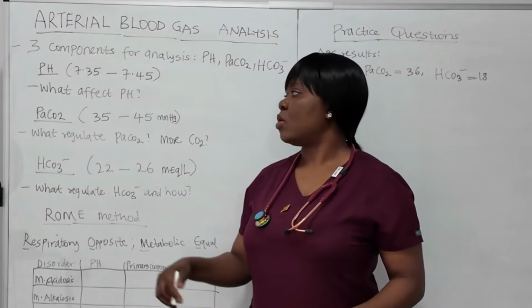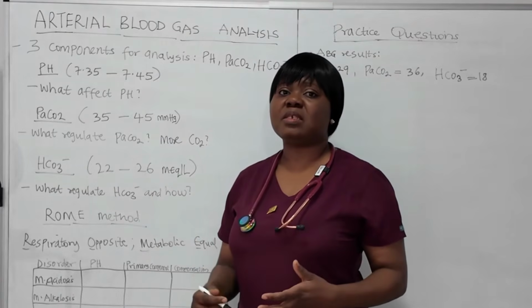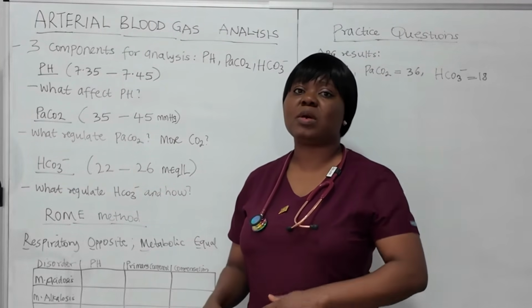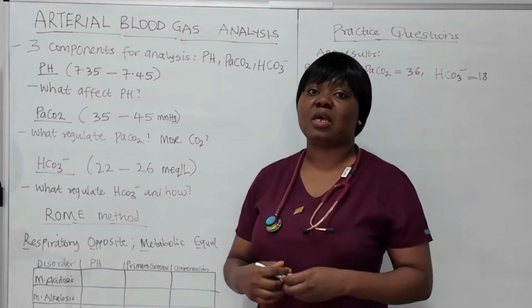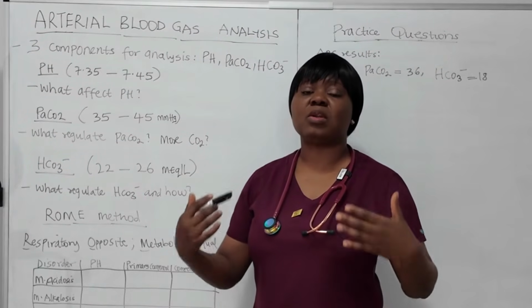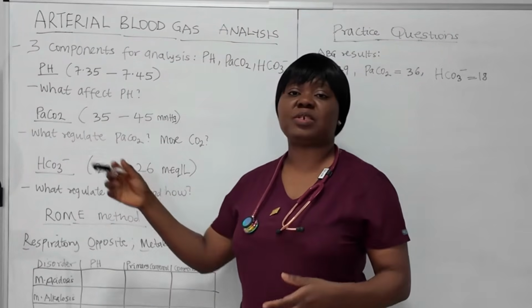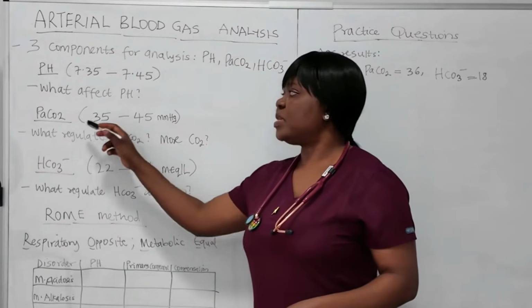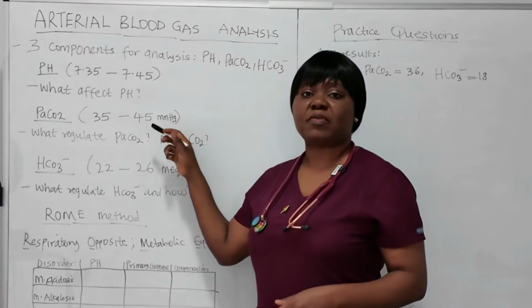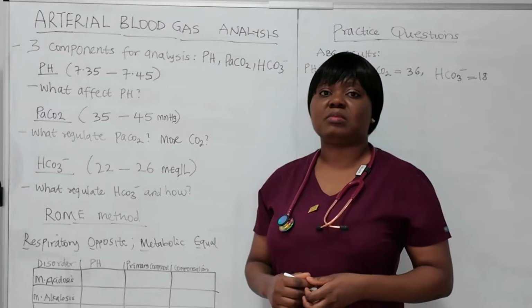So that means when the PaCO₂ is less than 35, it means the patient is tending towards respiratory alkalosis. And that can be caused by when a patient hyperventilates. So the lung is trying to blow off too much CO₂, and it can lead to respiratory alkalosis. And if the PaCO₂ is greater than 45, that's tending towards respiratory acidosis.